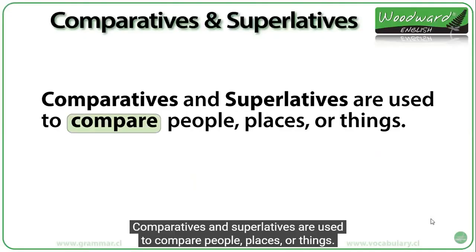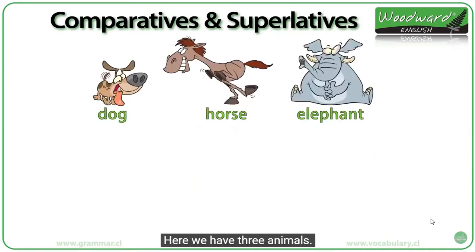Comparatives and superlatives are used to compare people, places, or things. Here we have three animals: a dog, a horse, and an elephant. How can we compare these three animals?